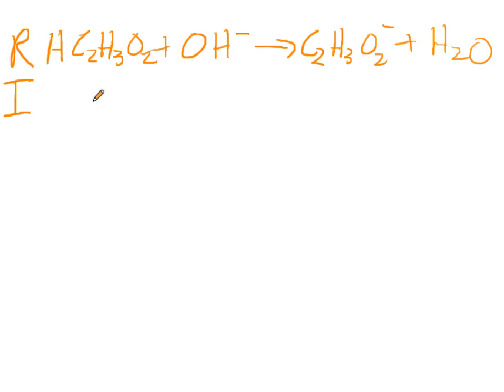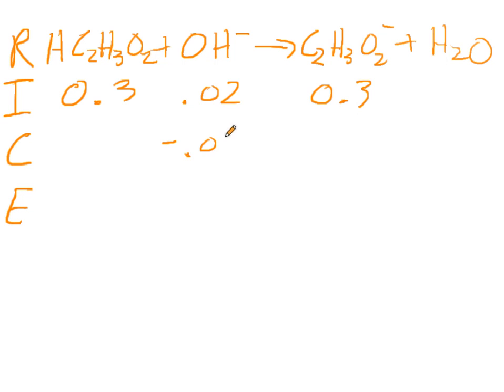My initial concentrations, it was 0.3 for the parts of my buffer, and they told me that we're adding 0.02 moles of sodium hydroxide. We can assume that all of the sodium hydroxide reacts, so it's minus 0.02, so there's none of that left over at equilibrium.